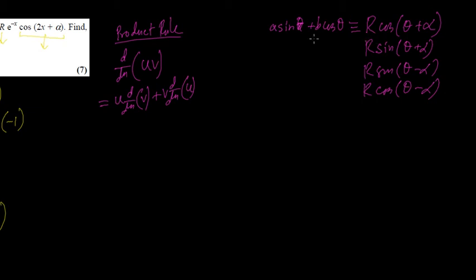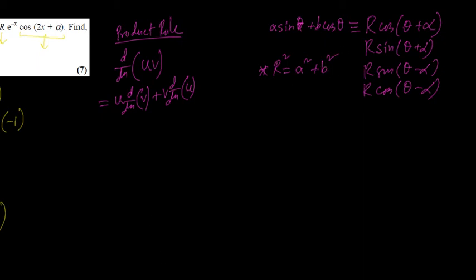The main thing is a sine theta plus b cos theta has to be expressed in this format. So you have to find the value of r and alpha. Now for the value of r, very simple, the formula is r squared equals the coefficient of one, a squared, plus the coefficient of the other thing, cos theta, is b squared. That's it, that's the formula.